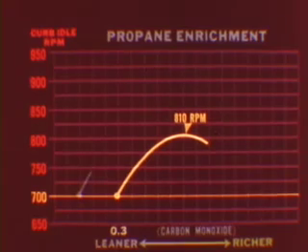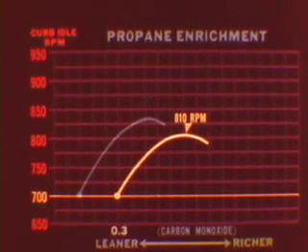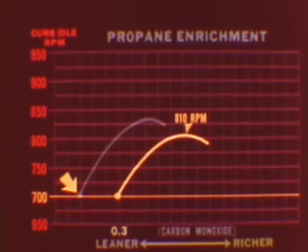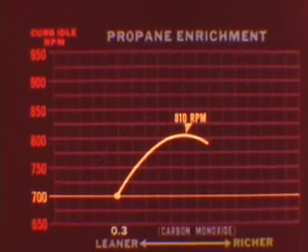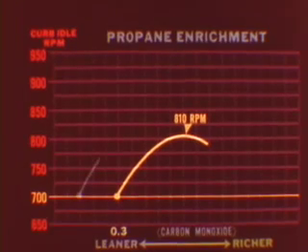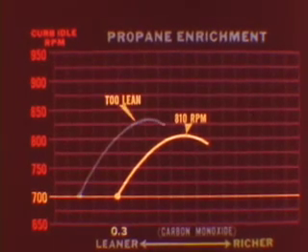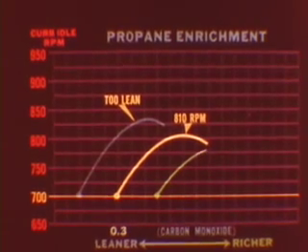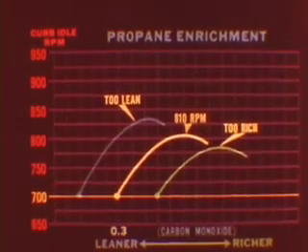Now, if we had a speed rise above 810 RPM, that would indicate a mixture that was too lean. Let's review that. If the metered propane charge causes too much engine speed up, the engine is too lean. If the metered propane charge causes too little engine speed up, the engine is too rich.